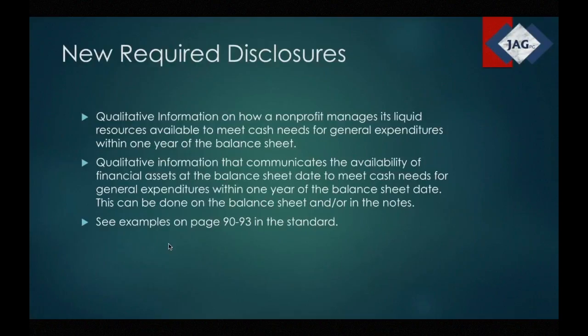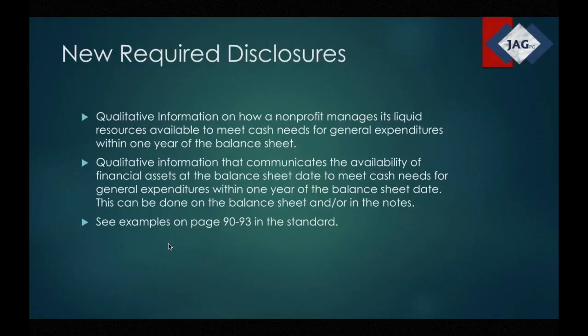You go to page 90, you're going to see that there's two different ways that you can actually disclose this. And the key thing is which way you're going to do, case A or case B, is going to be if you're using a classified balance sheet or if you're not using a classified balance sheet. Most of you are probably using a classified balance sheet, so case B is what we're probably going to be looking at.